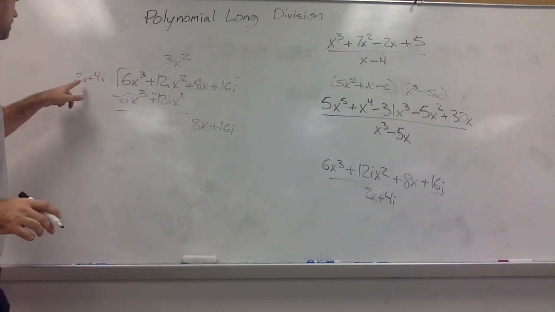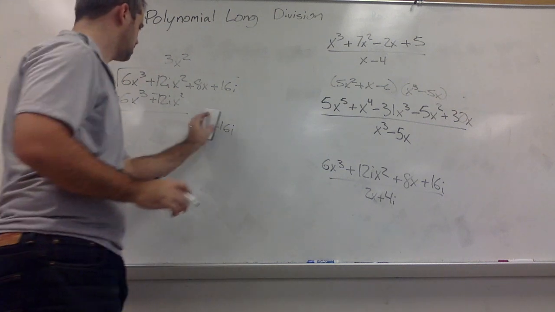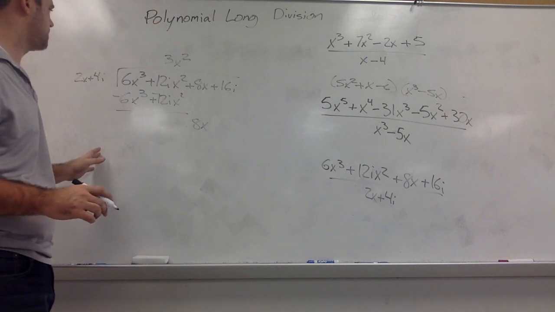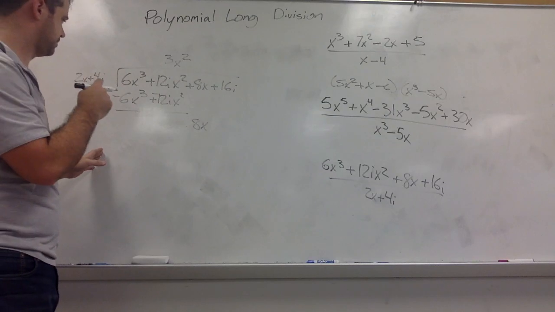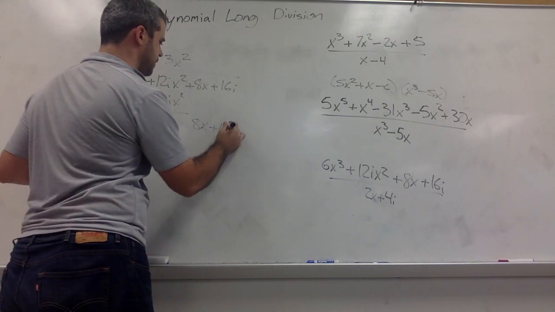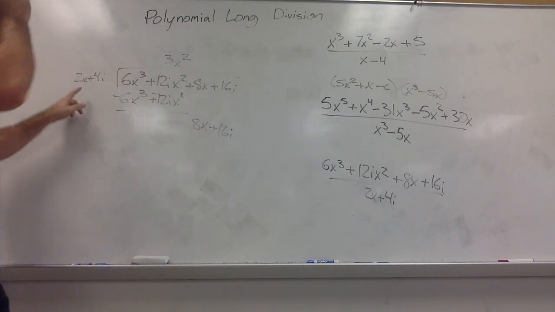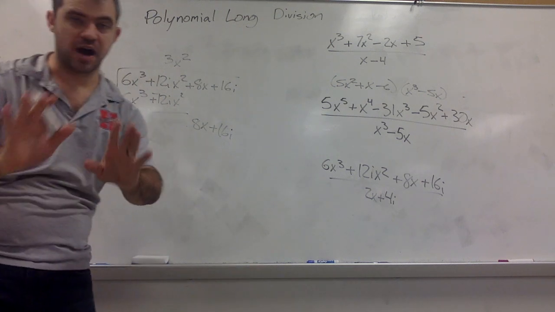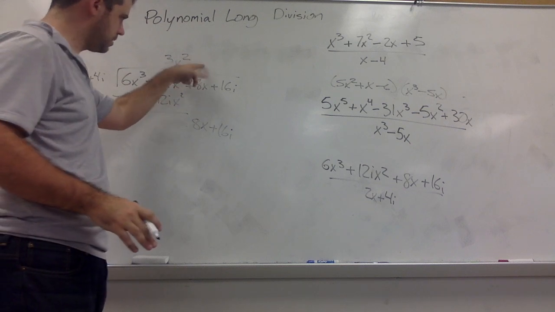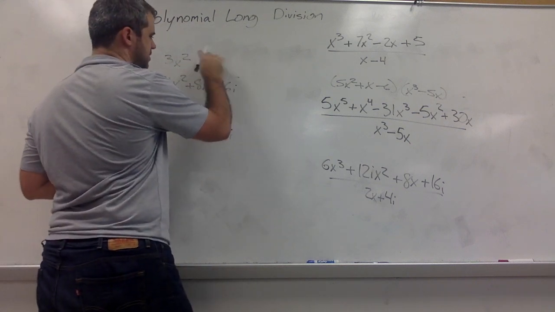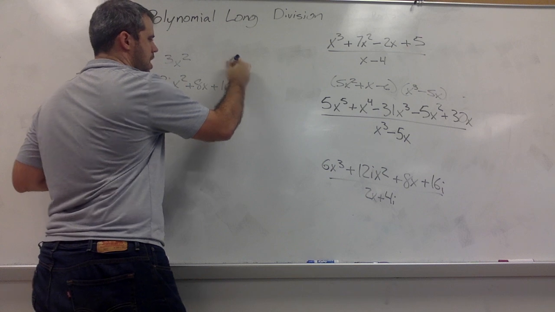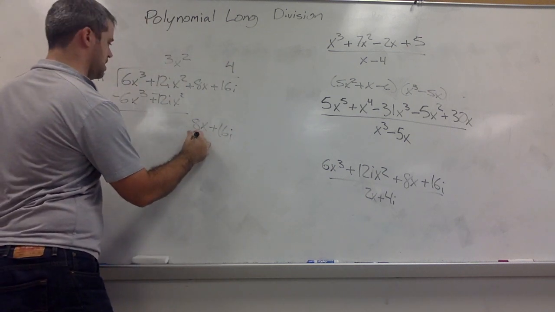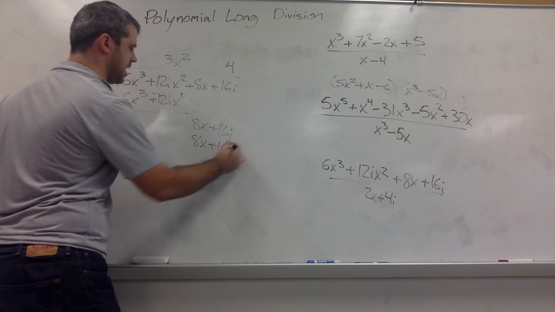So what do I need? Let's back up here. No, we're good. Sorry about that. So what do I need to get 2x to become 8x? Well, I need 4, not 4x. So we can abandon that spot right there. It's going to be 0x. I need a 4. So this is going to give me 8x plus 16i.